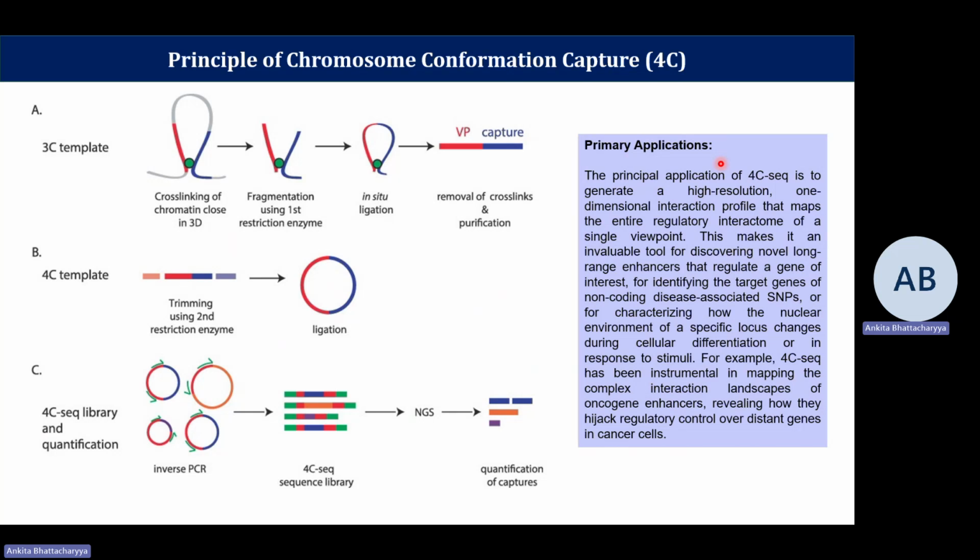For example, 4C has been instrumental in mapping the complex interaction landscapes of oncogene enhancers, revealing how they can supersede or hijack regulatory control over some distant genes inside cancer cells.